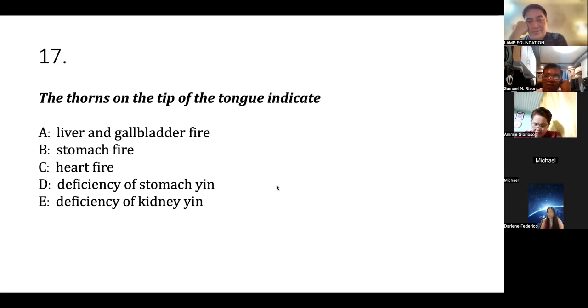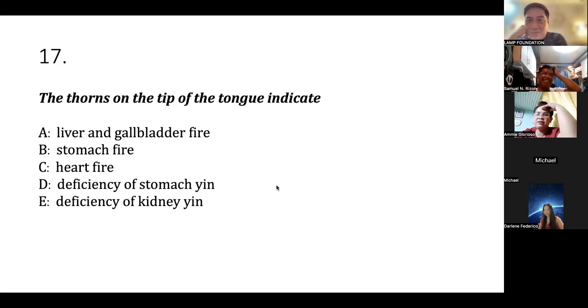Pag stomach fire, may thorns. Pag deficiency, walang thorns. Ang tanong ko, nasaan ang thorns pag may deficiency of stomach yin? Wala.